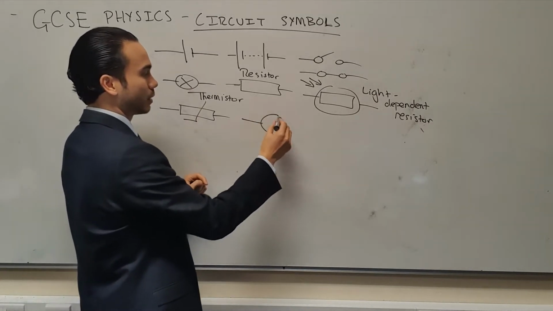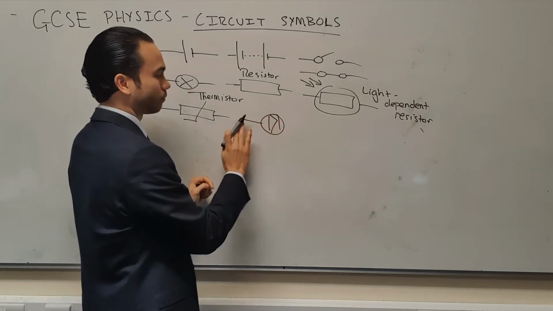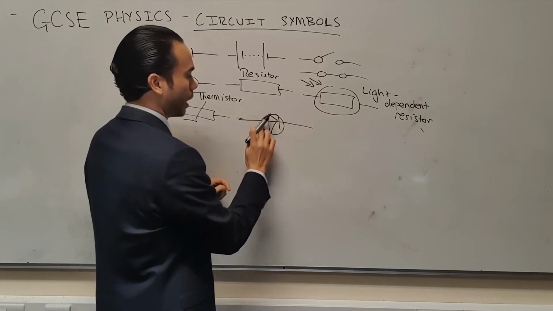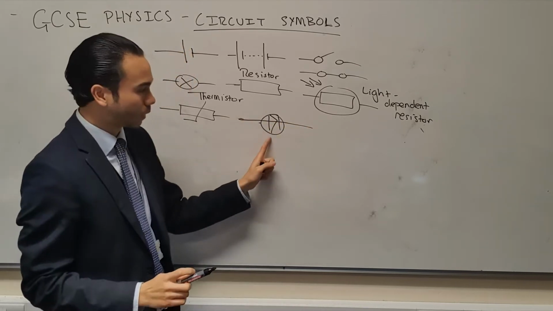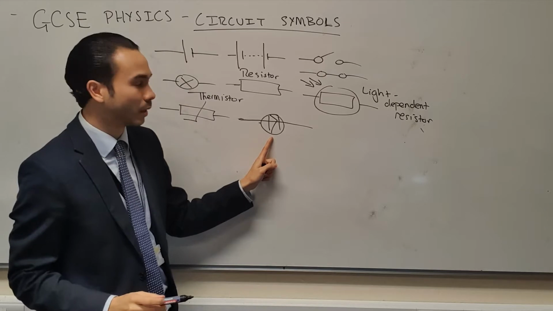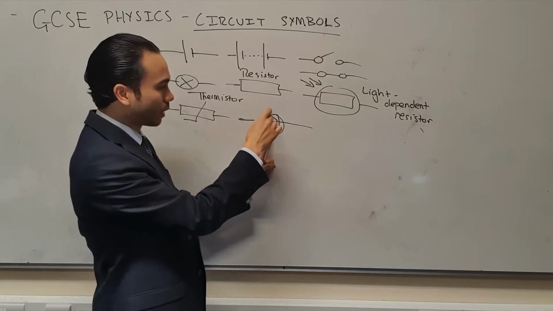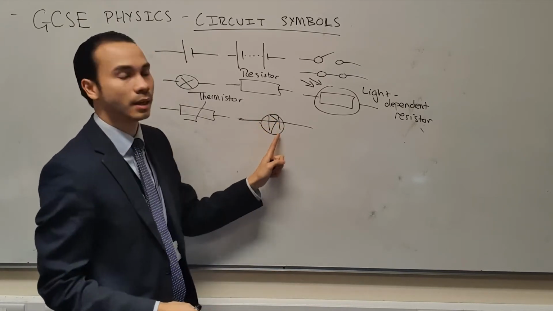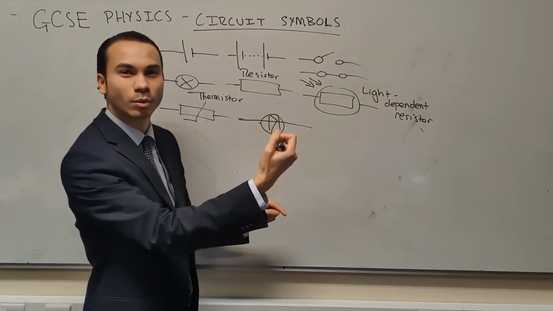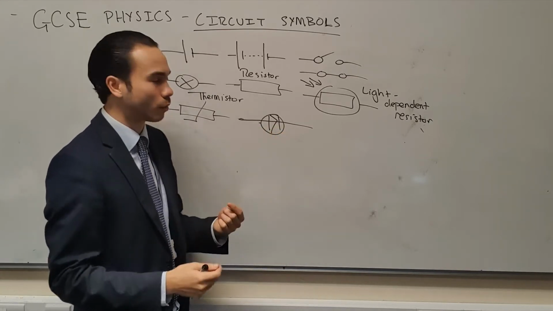Next type of device is a diode, and hopefully you can see from this picture here, it's a circle, kind of like an arrowhead and another line. It's kind of like the next or fast forward symbol on your remote control.